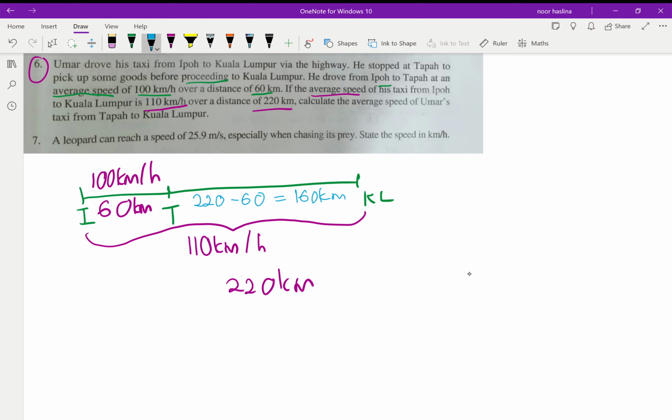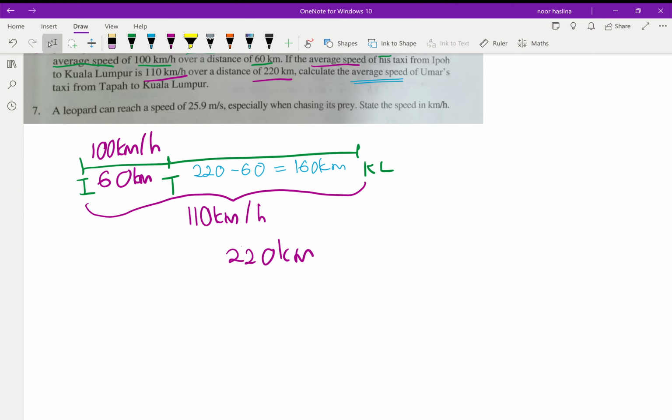This question is about the average speed of Umar's taxi from Tapah to Kuala Lumpur. He wants the average speed from Tapah to Kuala Lumpur. First, we must know the distance and the time. Now we have these clues here, number 1, number 2. So what is the formula of average speed?